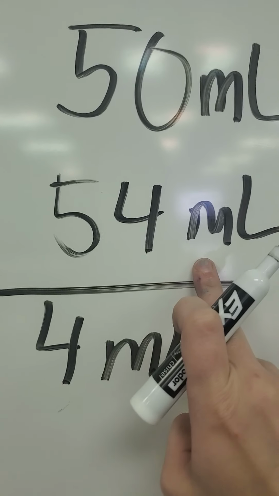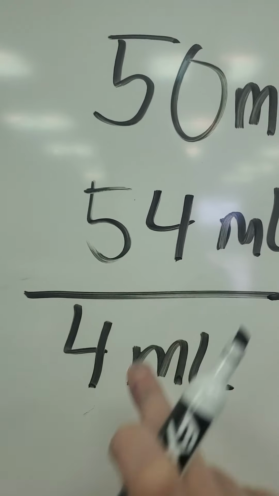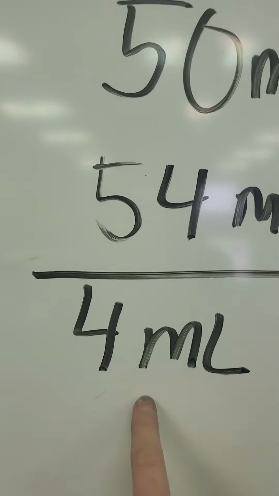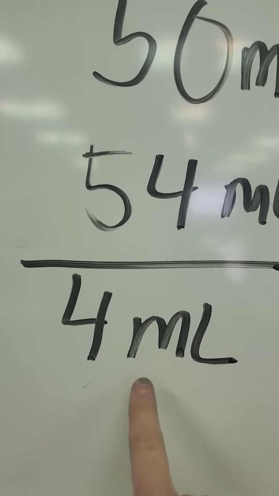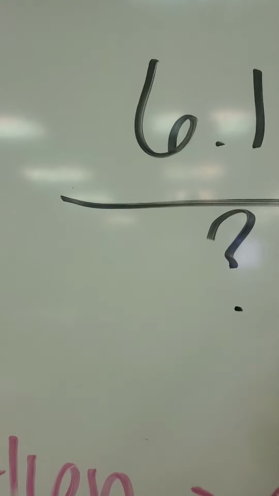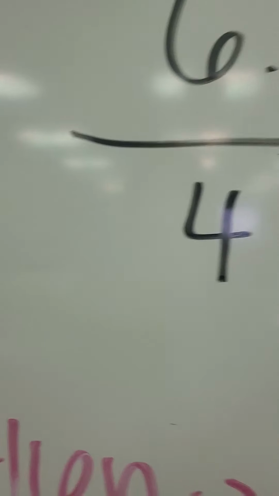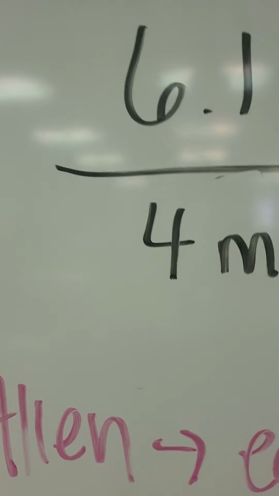It went up to 54 when I put that bell in. If I subtract those two, I get only the volume of my bell, which is 4 milliliters. We're going to erase our question mark because now we know that we've got 4 milliliters.